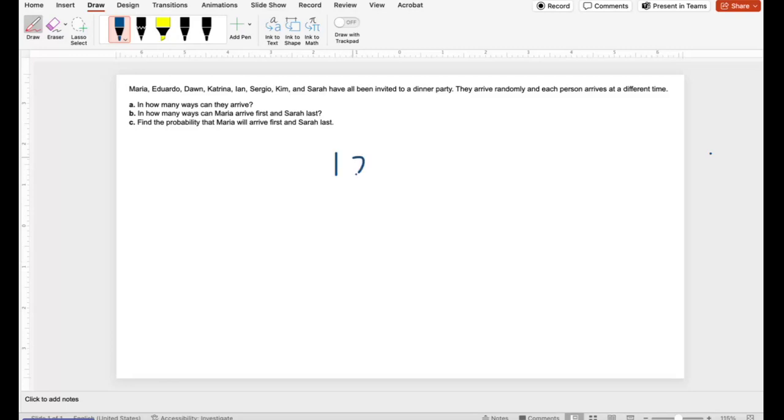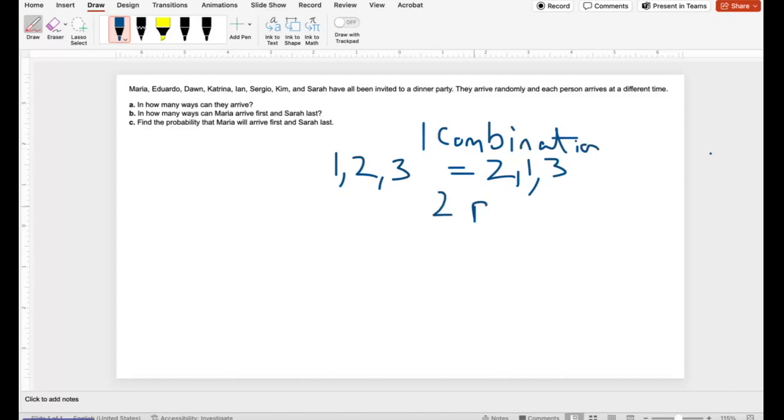If I have the set 1, 2, 3, that's going to be the same as 2, 1, 3. That's the same combination. But for permutations, it's going to be different. These are two different permutations. Make sense? So this is one combination, but two permutations.